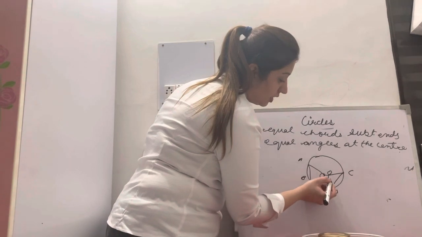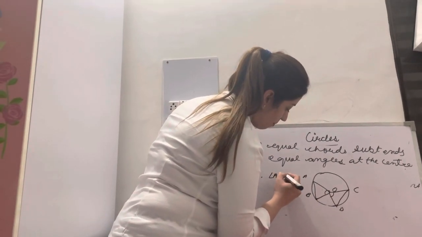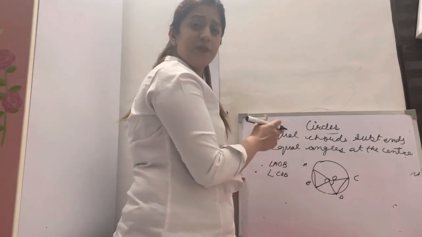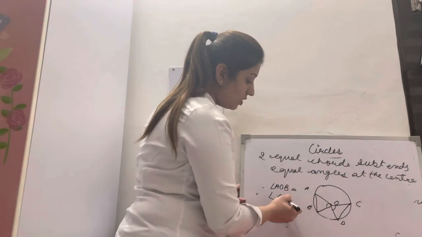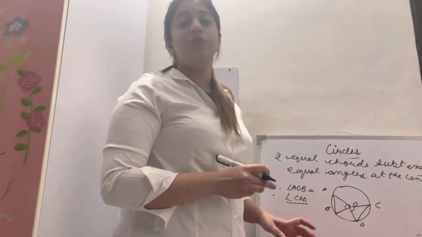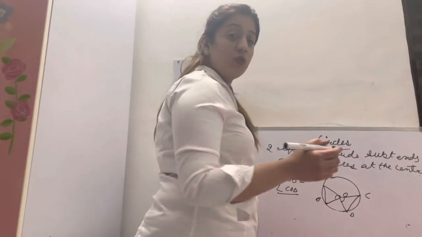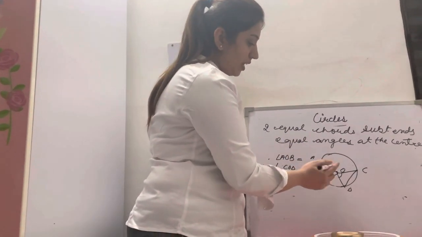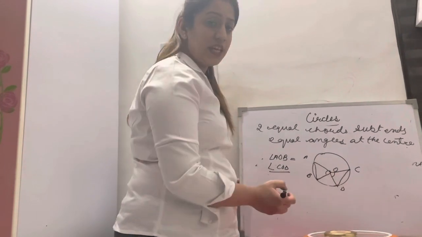There are two angles, angle AOB and angle COD. As per the theorem, angle AOB needs to be equal to angle COD. But to prove this theorem, we need to satisfy three conditions.